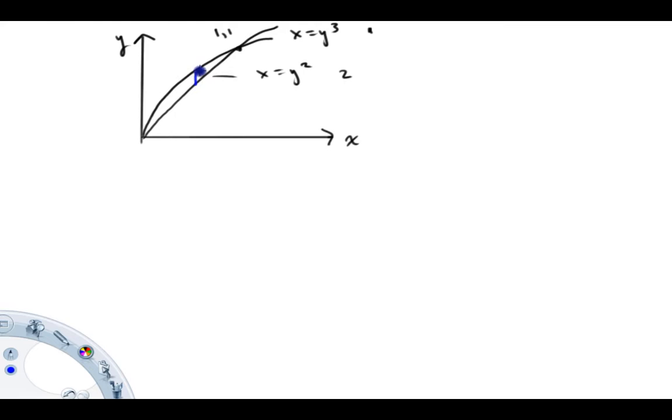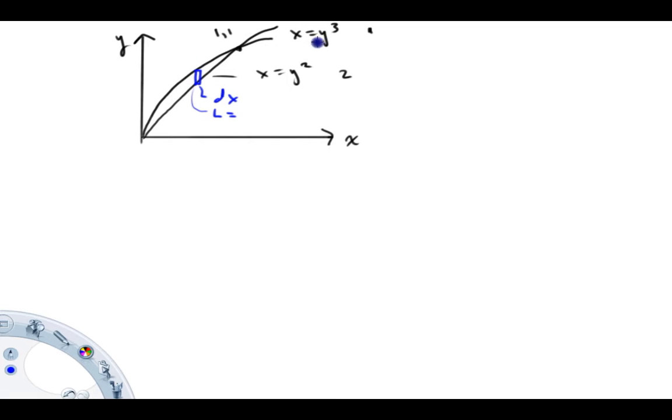So you imagine a rectangle here, and the problem is really all about the rectangle now. The rectangle's width is a dx, and its length is the difference between these two y values. The length of that rectangle is going to be the top y value minus the bottom y value.